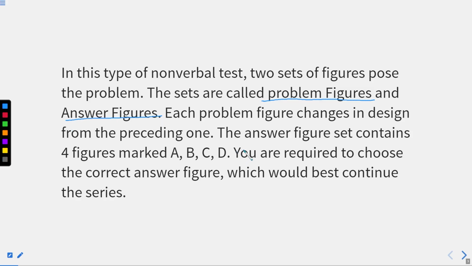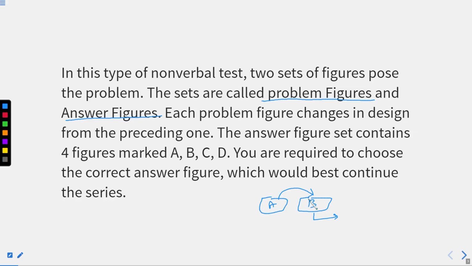Each problem figure changes in design from the preceding one, right? Let's say if you have some figure A and some figure B, they have some pattern and some changes occurring in figure B with respect to figure A. So you have to find out what exactly the procedure is that they are following, right?